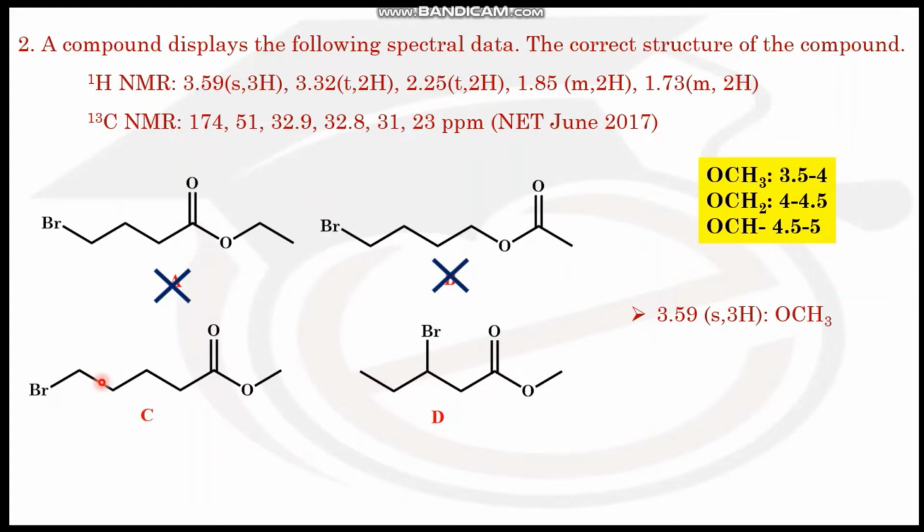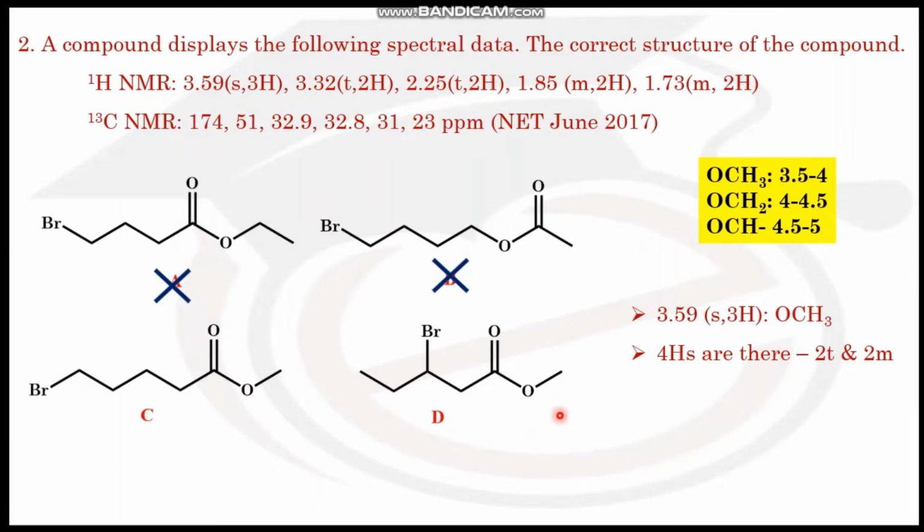Now there are 4 types of hydrogens present: 3.32, 2.25, 1.85 and 1.73, different hydrogens other than this OCH3, and 2 are triplets and 2 are multiplets. So we have to check in C and D which option is correct.